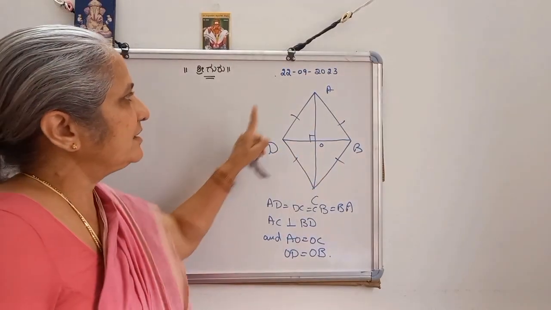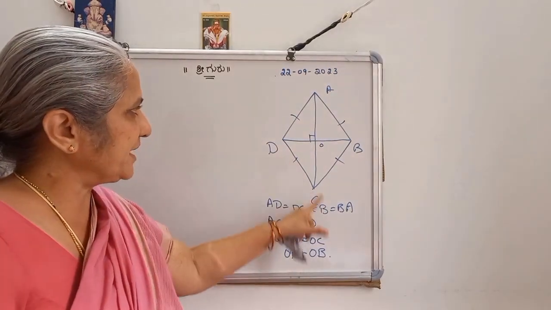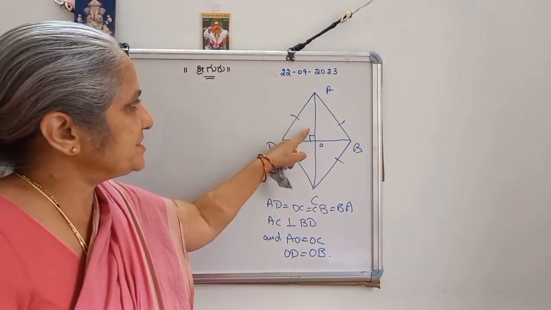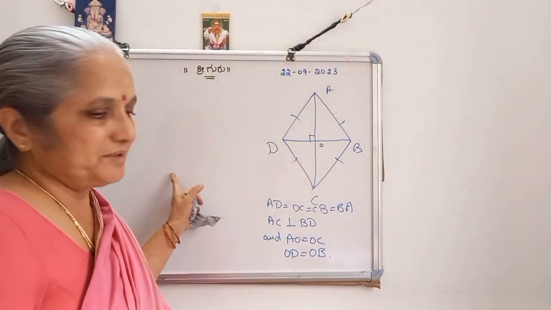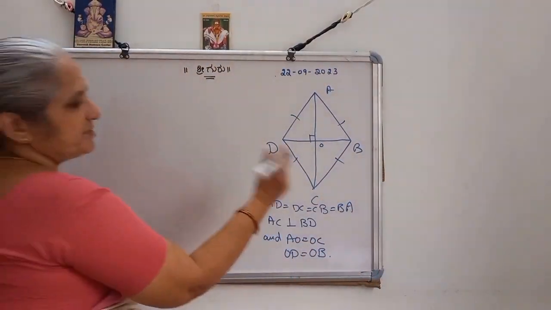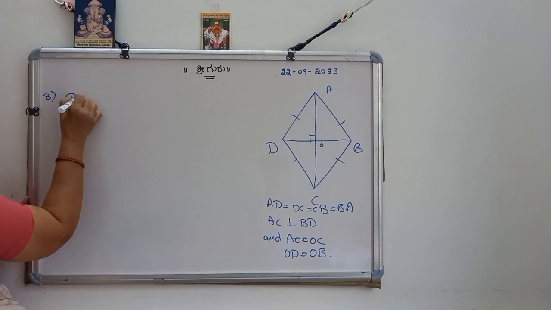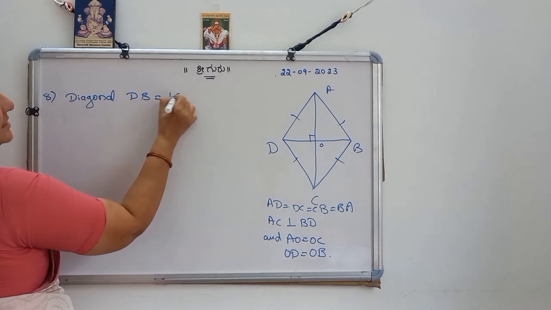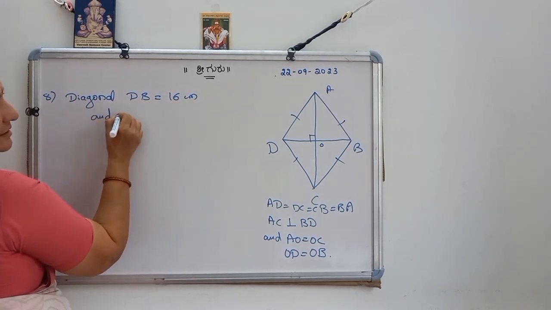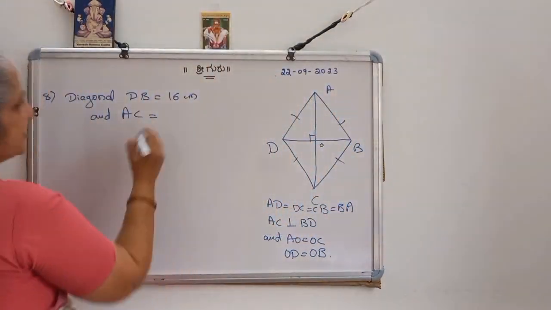All the sides are equal. Diagonals bisect perpendicularly. It means AC is perpendicular to BD and AO is equal to OC and OD is equal to OB. These are the properties of the rhombus. Here the measurements are given as diagonals measure 16 and 30. So diagonal BD is equal to 16 centimeters and AC is equal to 30 centimeters.